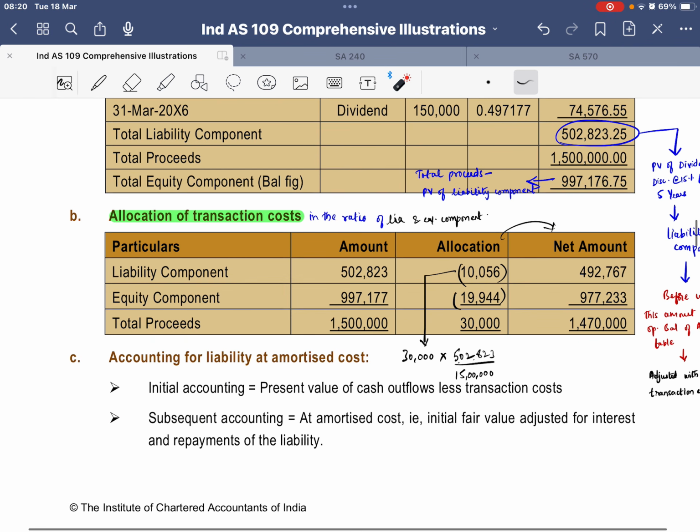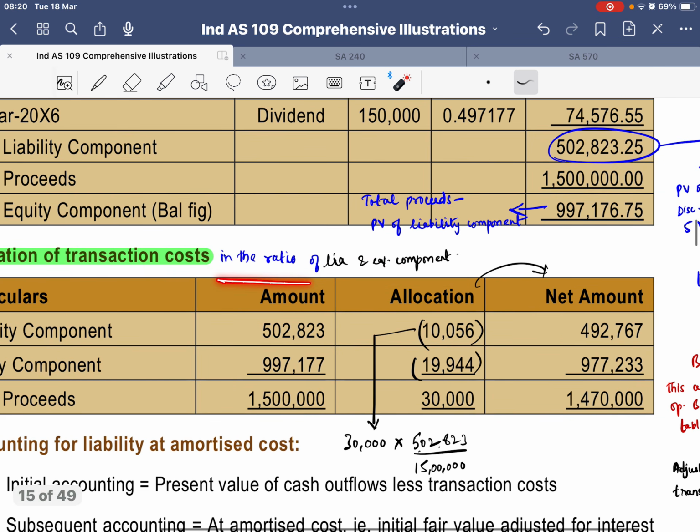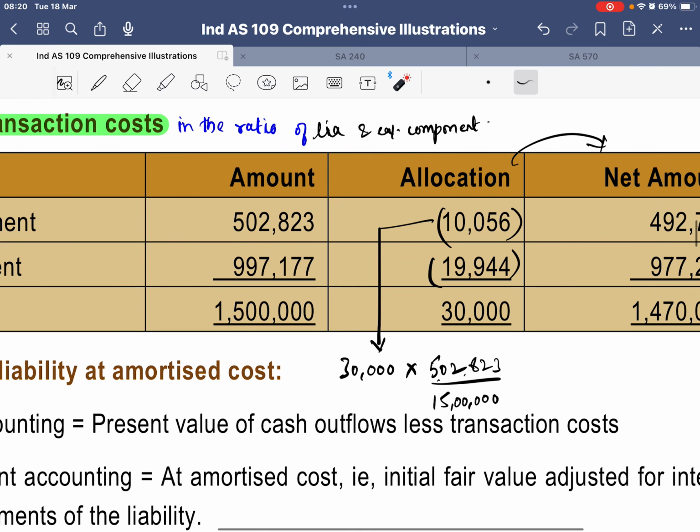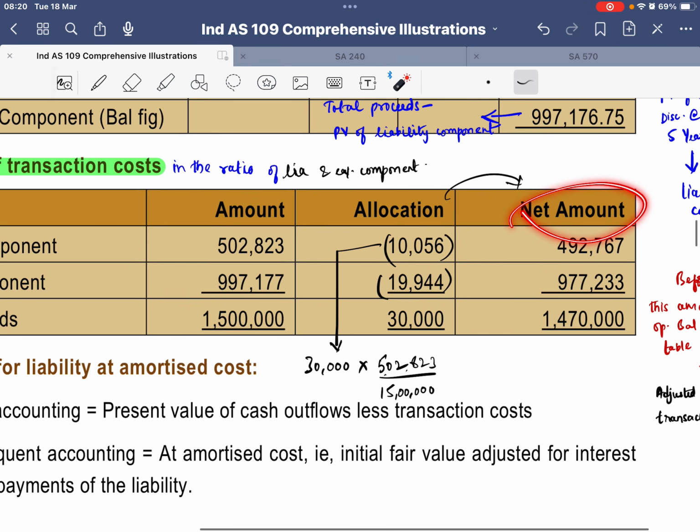Allocation of transaction cost in the ratio of liability and equity. Ratio of liability and equity is these two values. Allocated amount is taken as 30,000 divided by 15 lakhs into 502,823. This is also calculated similarly. The net amount is this amount minus allocated amount.